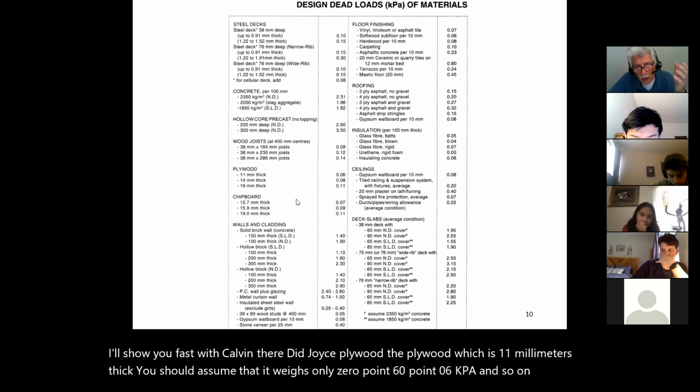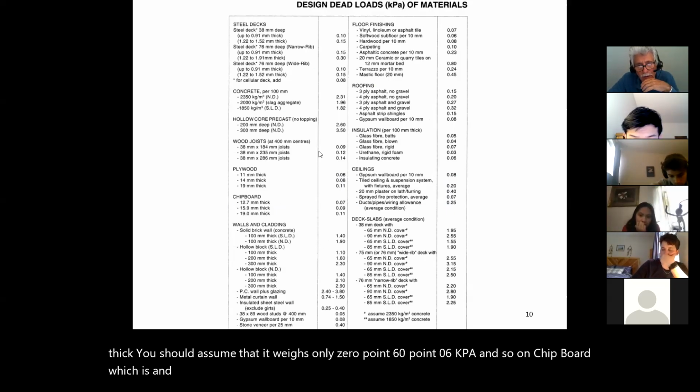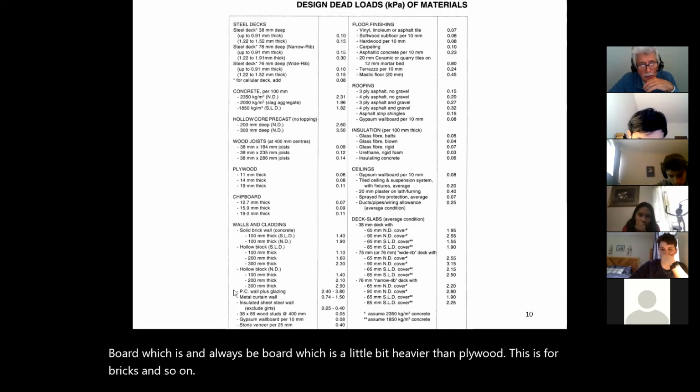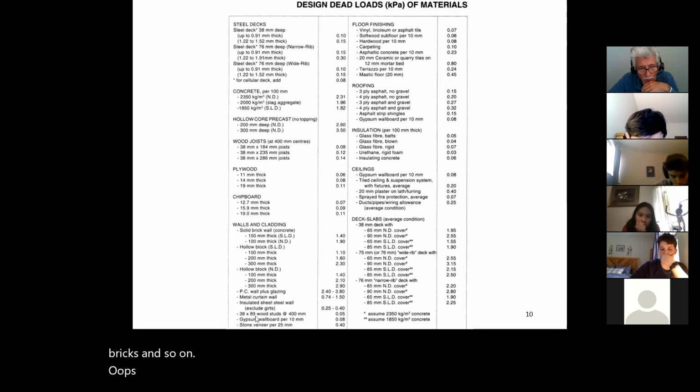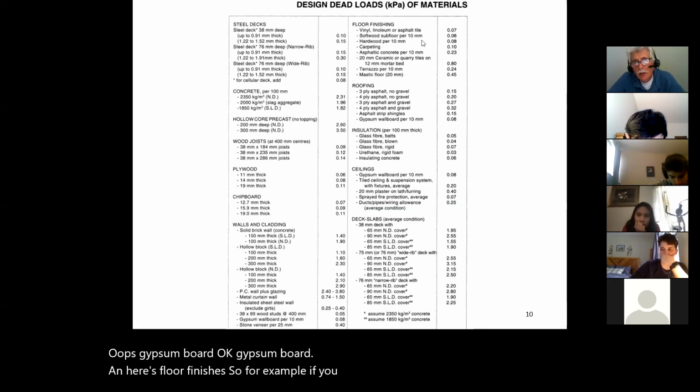Chipboard, which is an OSB board, which is a little bit heavier than plywood. This is for bricks and so on. Oops, gypsum board. Okay, gypsum board. And here's floor finishes. So for example, if you have a hardwood floor, this is per millimeter and so on.